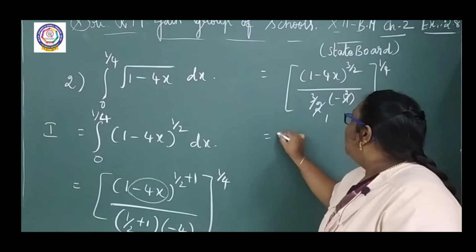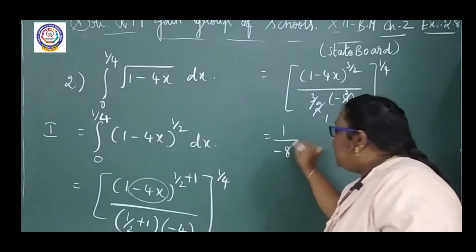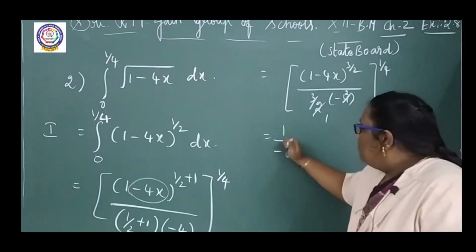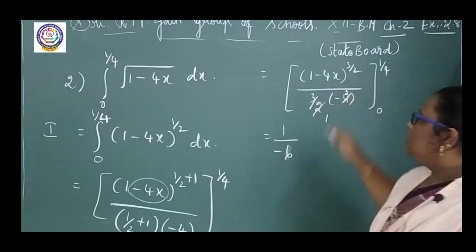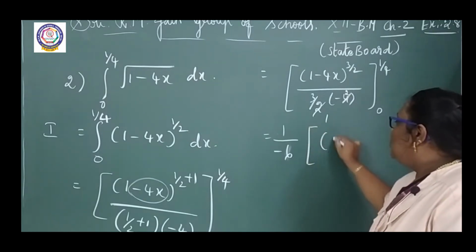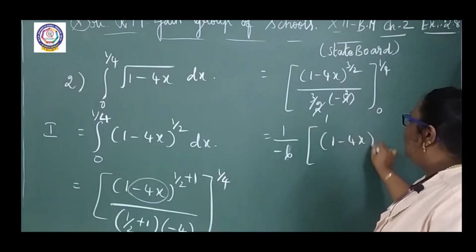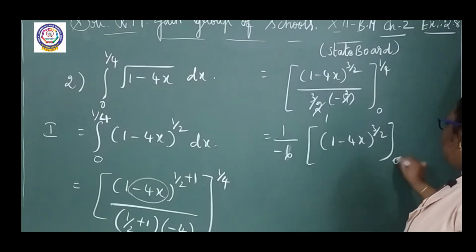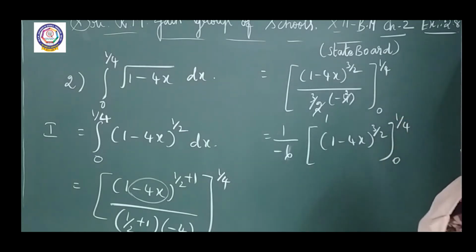You can take it out: 1 by minus 6, sorry, 3 twos are 6. 1 by minus 6 into 1 minus 4x whole power 3 by 2, limit 0 to 1 by 4.